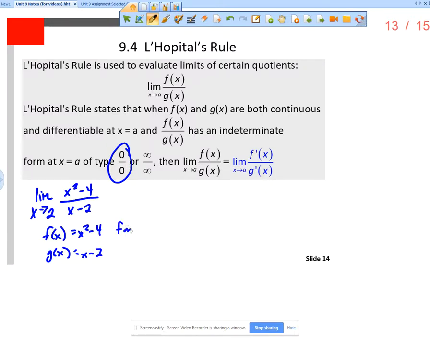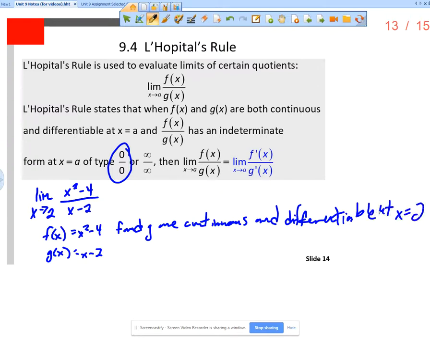Well, f and g are both continuous at x equals 2, and they're differentiable at x equals 2. It's important that we make this statement, because if this statement isn't made, then we cannot use L'Hopital's rule. So f of x, x squared minus 4, is continuous and differentiable at x equals 2. x minus 2, of course, is continuous and differentiable at x equals 2.